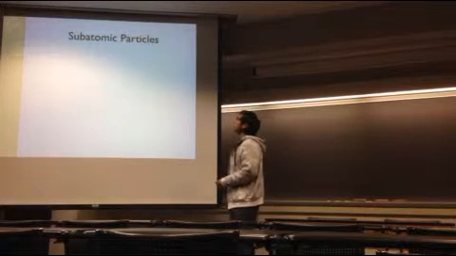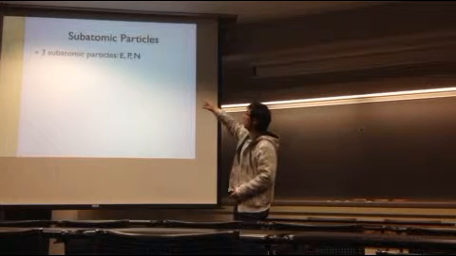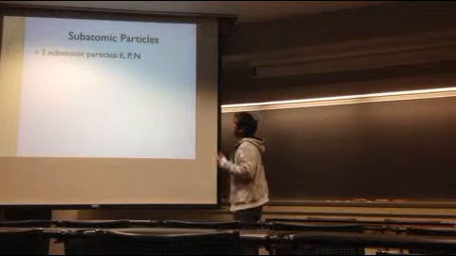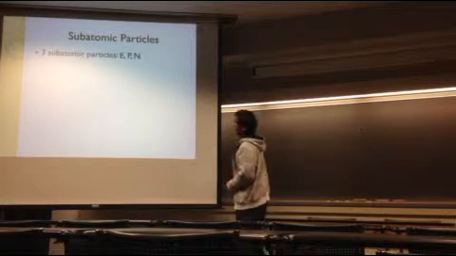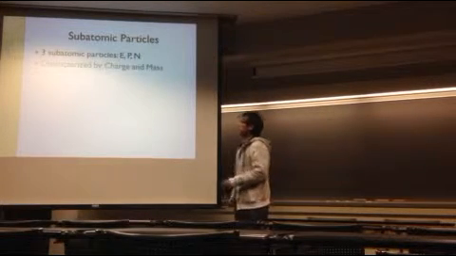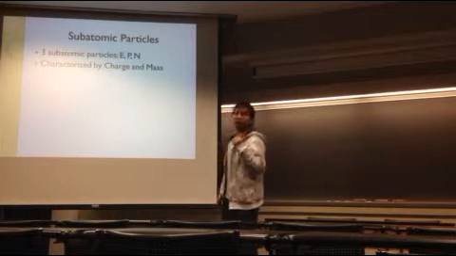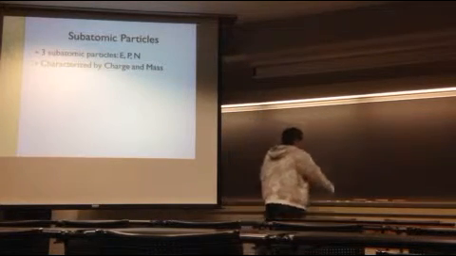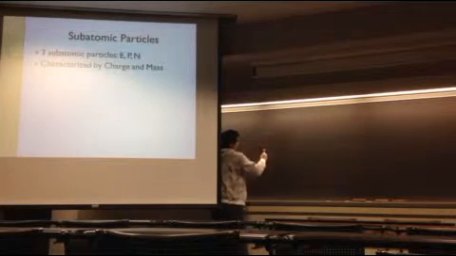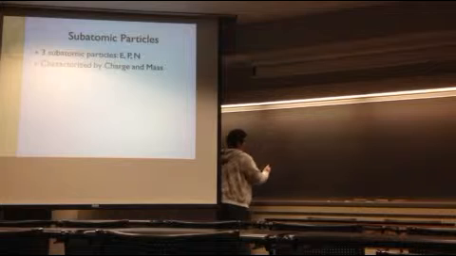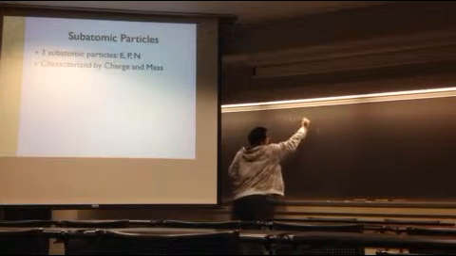Okay, now that I have given several examples of three subatomic particles, electron, proton, and neutron, let us have a very brief summary about the characteristics. They're characterized by their charge and mass, right? I can make a table out here. Could you tell me what electric charge they have?